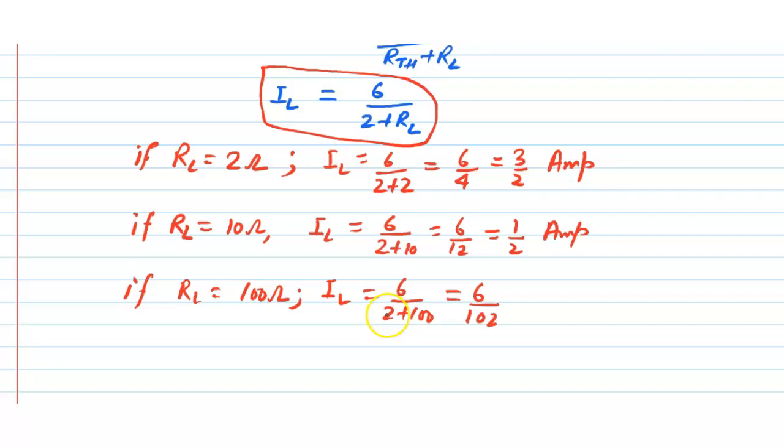Because this 2 is very small compared to 100, you can neglect it, and then it will be 0.06 ampere. As you can see, when you increase the value of the load resistance, the current, here 1.5 ampere, this 0.5 ampere, and this 0.06 ampere, decreases with increase in the load resistance. Thank you.